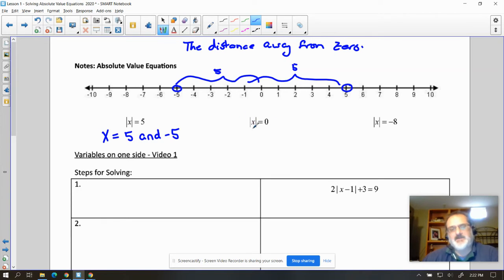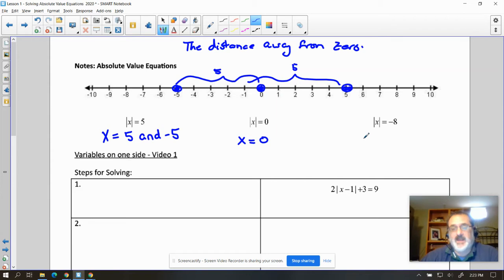Well, how about the absolute value of x equals 0? Well, 0 is right here. 0 is 0 away from 0, so it has one solution. X equals 0 is 0 away from 0. How about x equals negative 8? If the absolute value is defined as the distance away from 0, how can anything be negative 8 away from 0? Well, the answer is no, it can't.